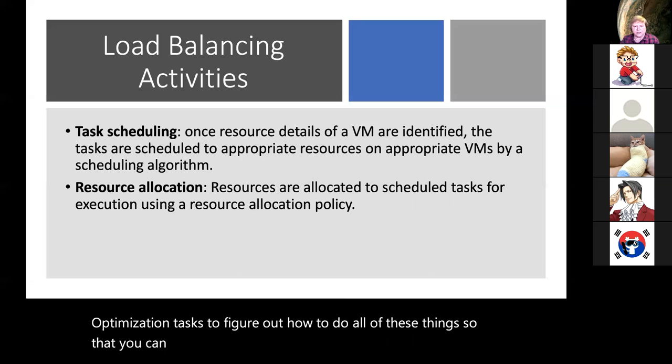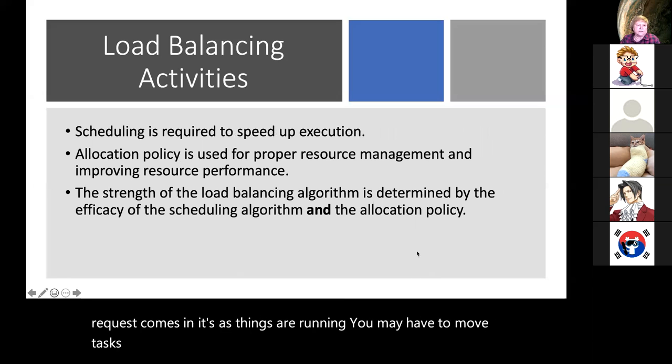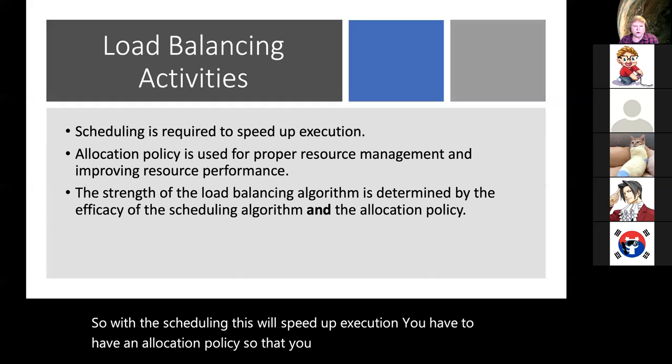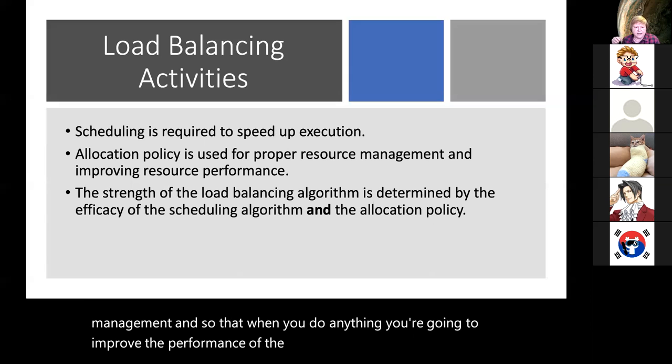It's not only when a request comes in; as things are running, you may have to move tasks around. With the scheduling, this will speed up execution. You have to have an allocation policy so that you have proper resource management, and so that when you do anything, you're going to improve the performance of the resources and of the tasks.